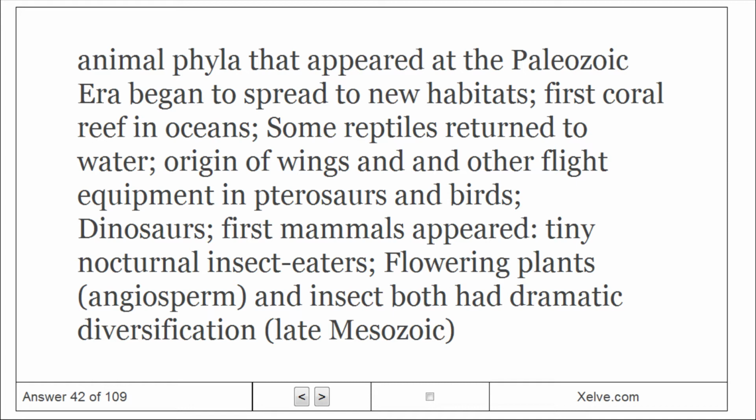Some reptiles returned to water, origin of wings and other flight equipment in pterosaurs and birds. Dinosaurs, first mammals appeared, tiny nocturnal insect eaters, flowering plants, angiosperms, and insects both had dramatic diversification. Late Mesozoic.